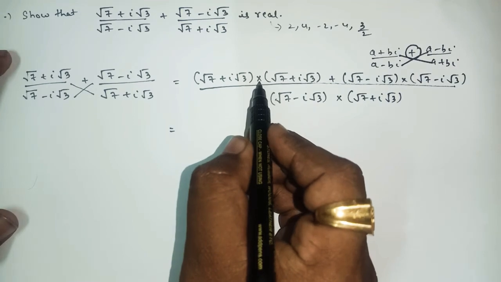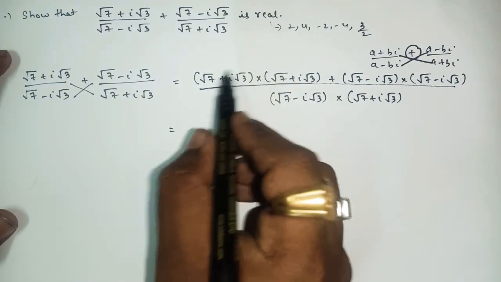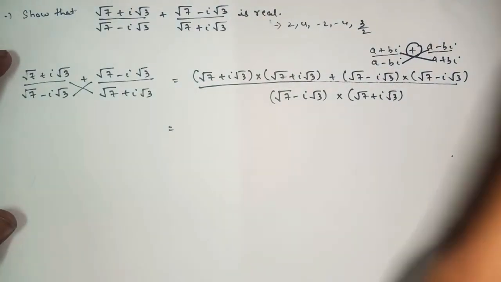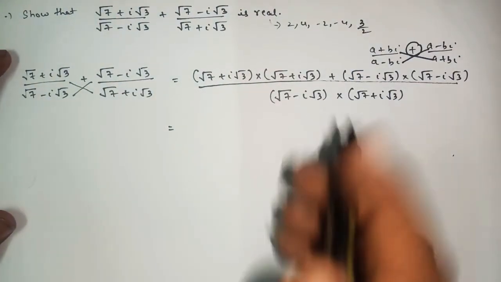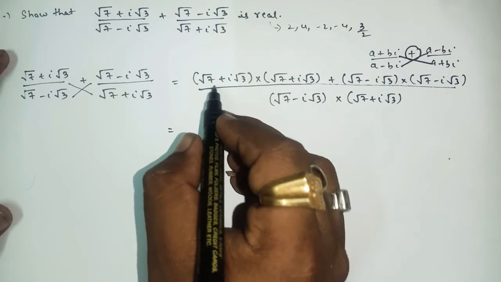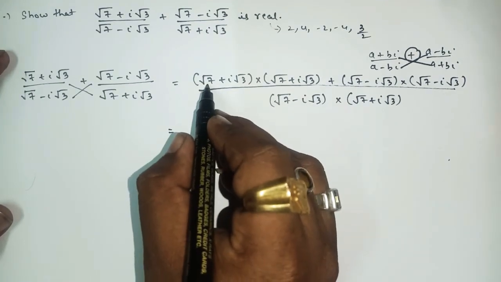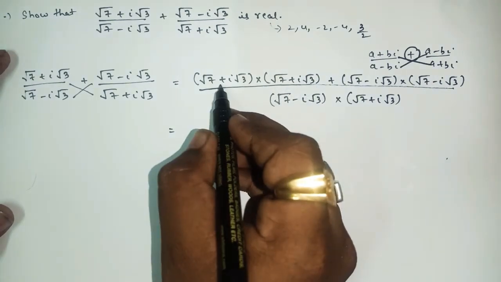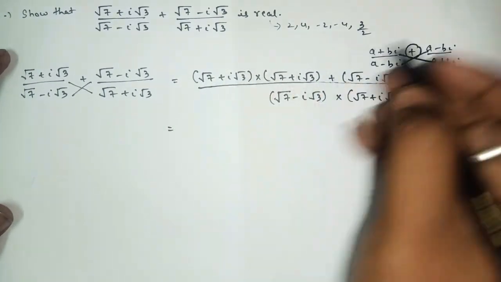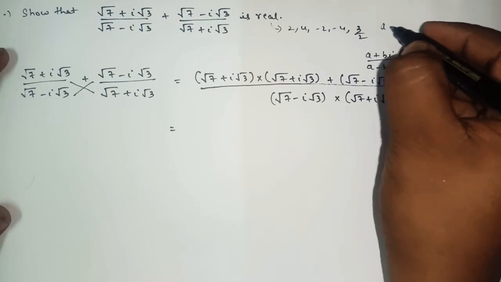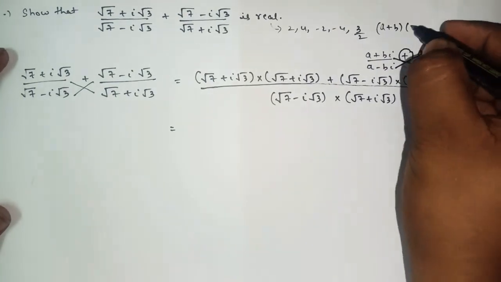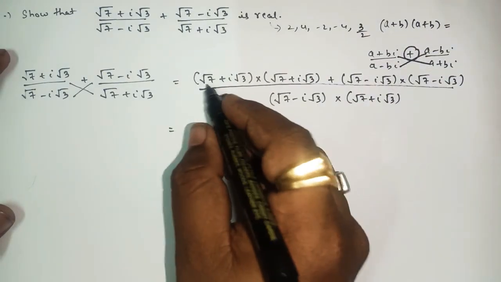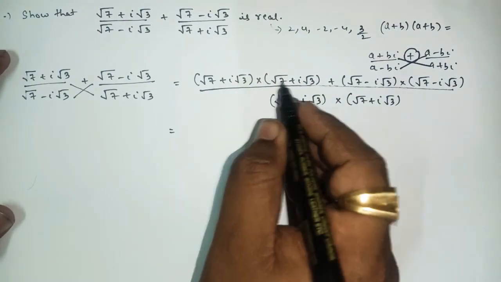Okay, so the next part is what? Here the connection is multiplication, so we can do the bracket expansion. Here also we can do the bracket expansion, or else clearly we can see that this part looks like the numbers are the same, yes or no? Root 7, i root 3, and the symbol is also the same. So whenever you come across the same number with the same symbol, we'll consider this as a, this as b, and the symbol is plus.